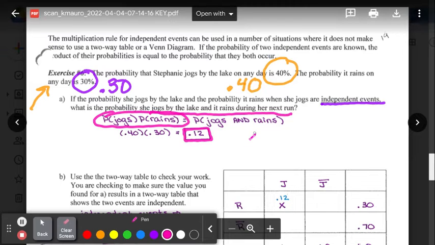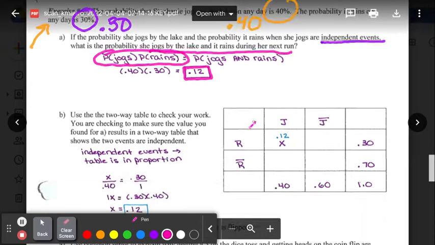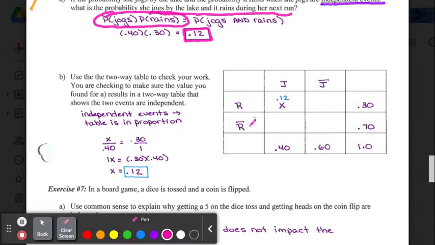Now we could have figured this out using our two-way frequency table. So we know probability she jogs is 0.40. Probability it rains is 0.30. And we know the total is always 1.